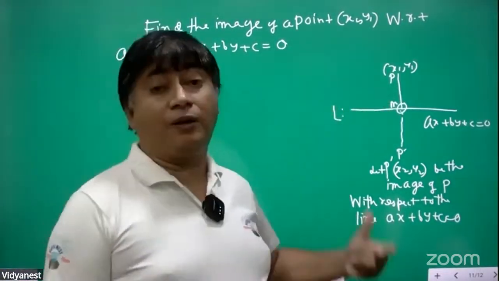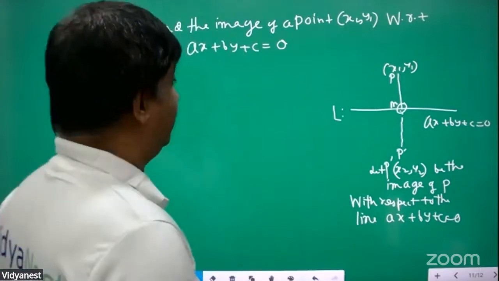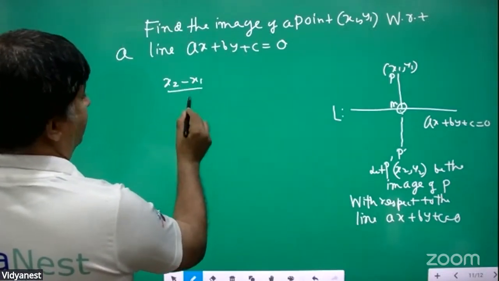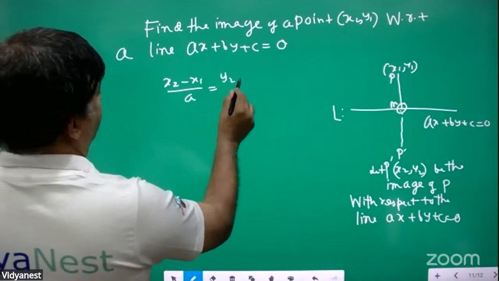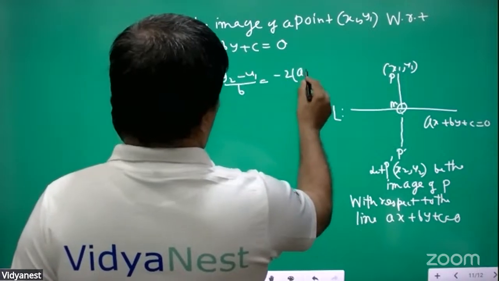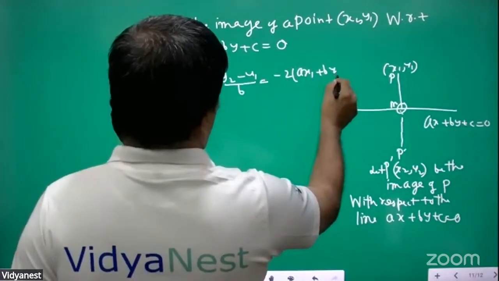So what is the formula I have just told? I am writing the formula: x2 minus x1 by a, y2 minus y1 by b, equals minus 2 times (a x1 plus b y1 plus c) by a square plus b square.